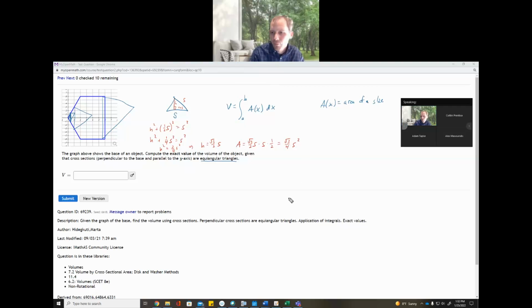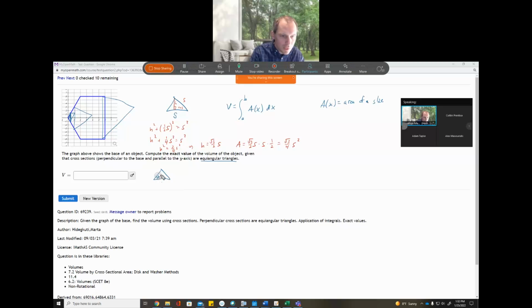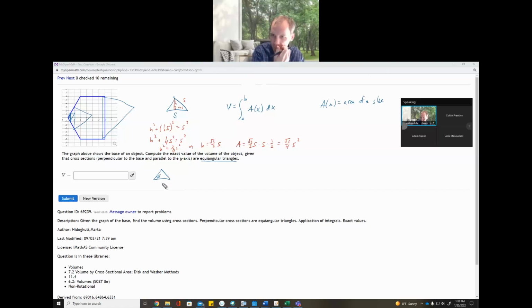Now another way to find the area of a triangle, I'm just gonna go off here on a little bit of a trigonometry rant. So it's equilateral, so this is a 60-degree angle. And the sides are S, and you can find the area of a triangle.